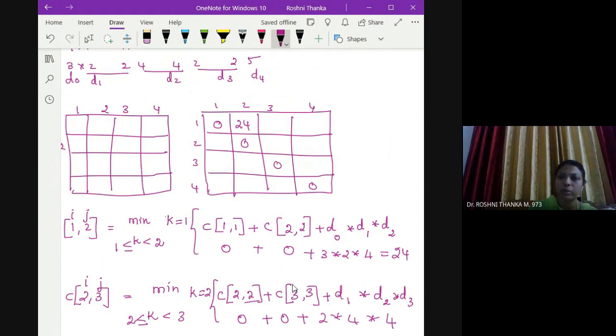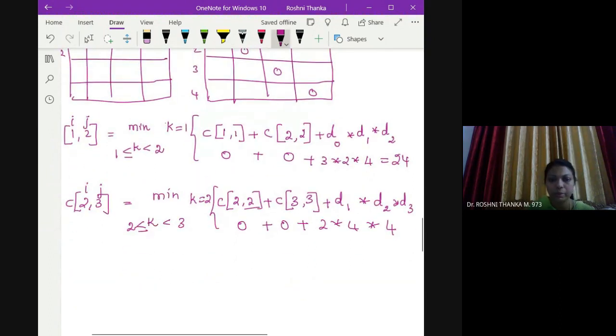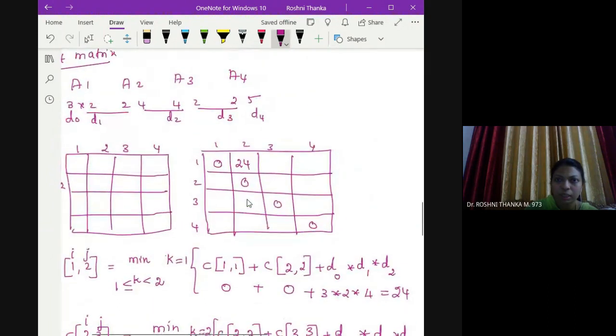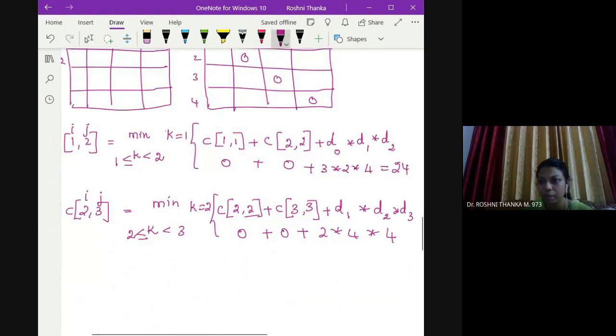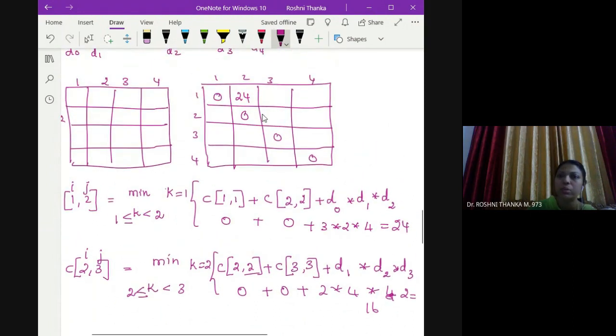Sorry, d1 is 2, d2 is 4, and d3 is 2, right? Here we have d3 as 2. So 4 times 2 is 8, 8 times 2 is 16. So the cost of multiplying the matrices from 2 to 3 is 16. So we can write it in here: 2 to 3, we got the answer as 16.